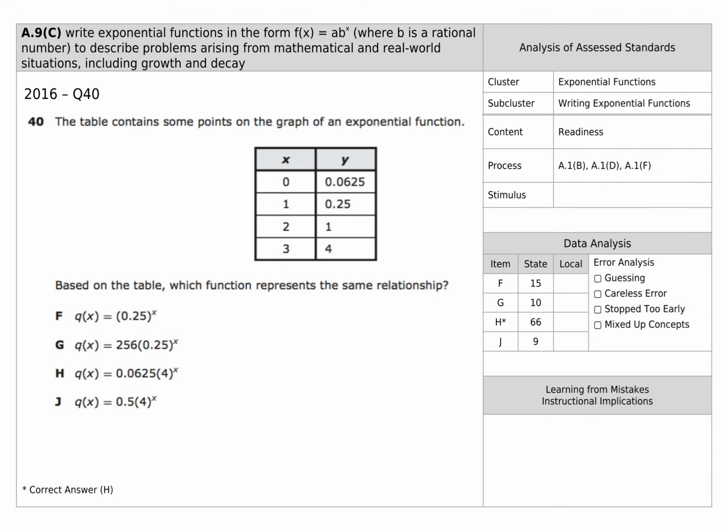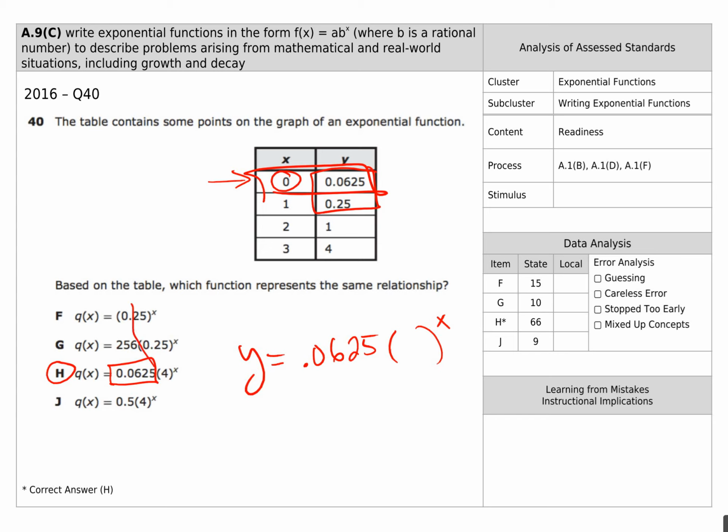The next question, we have a table. Which one represents? Well, it's hard to tell what the growth value here is. The easy part is the y-intercept, where our x is 0, y is equal to 0.0625. That's the easiest part. And of course, based on our answer choices, we can already see what the answer will be, H. But in many STAAR questions, they'll have the starting values all the same.